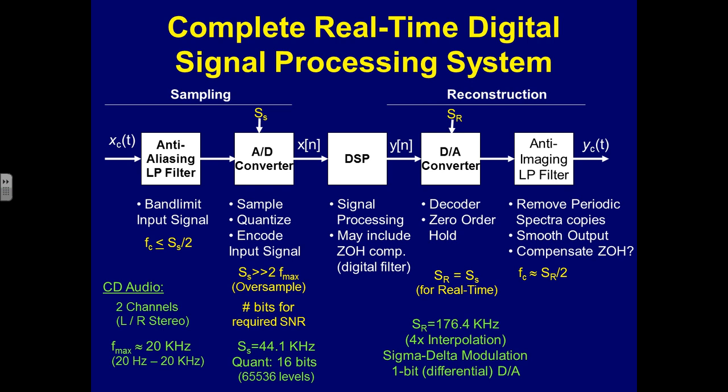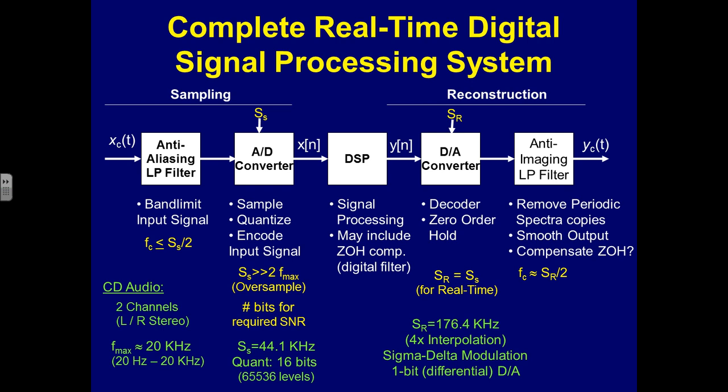And we would follow that up then with some kind of anti-imaging filter that would be a low-pass filter. It'll smooth out the jagged D-to-A converter results and provide something closer to an ideal reconstruction.